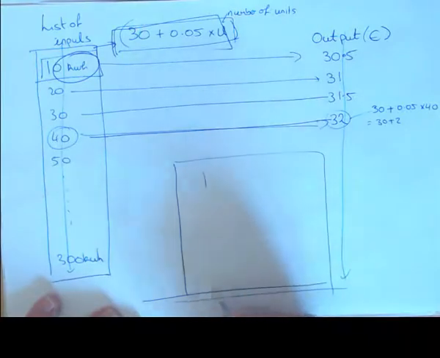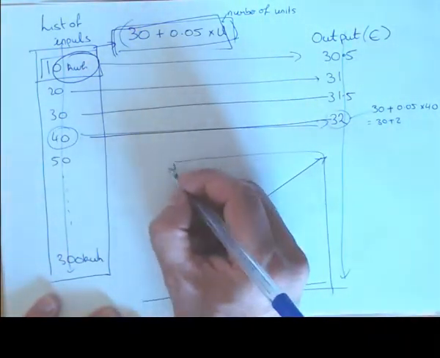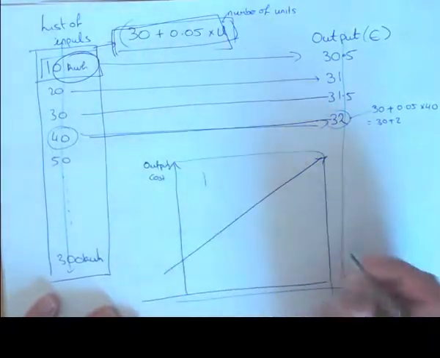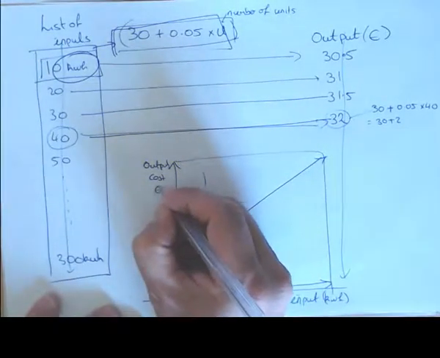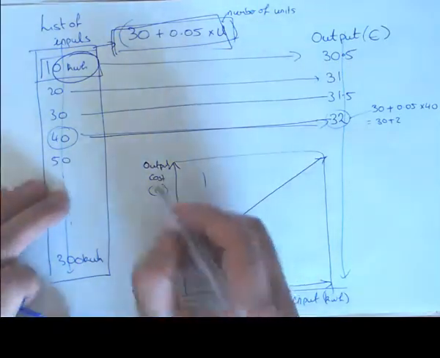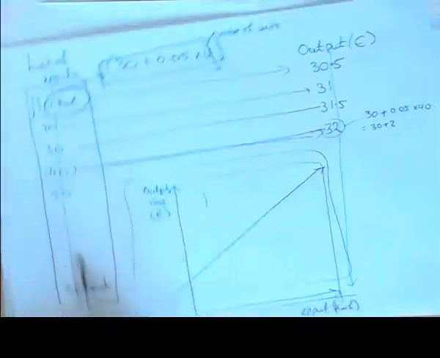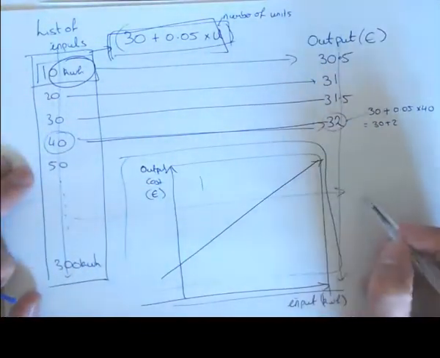But you get this picture and it shows you something like this. This is your output, your cost. This is your input, the kilowatt hours. Don't worry about the picture for the moment, but the idea I want you to get is that you have a formula, a list of inputs and a list of outputs, and then we can look at any particular output that we have.